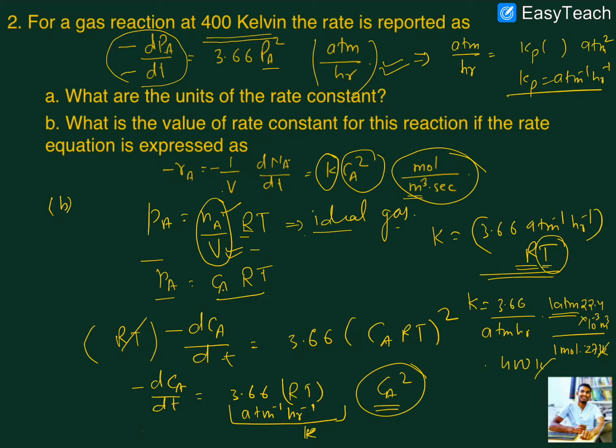In this way Kelvin will get cancelled, and then atm will get cancelled, and what will remain is 1.12 hour inverse multiplied by mole per liter inverse. So this will be the rate constant value, 0.12.